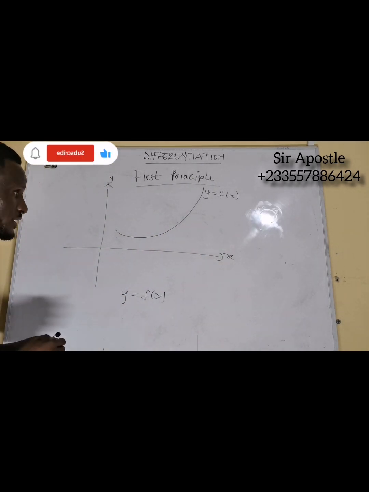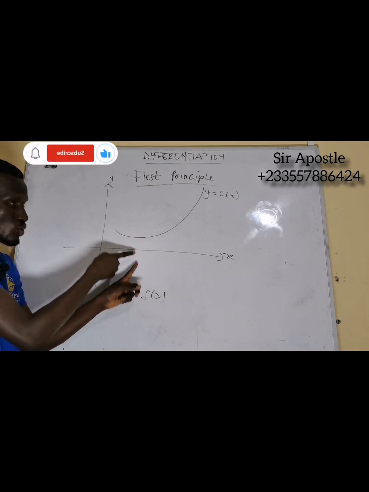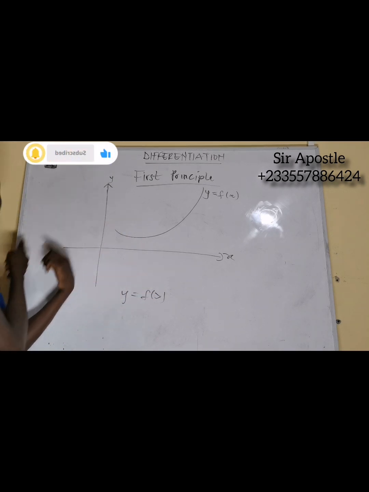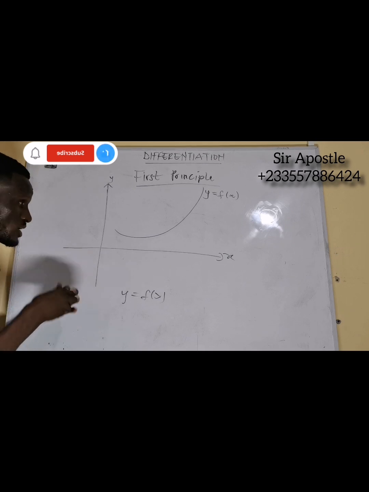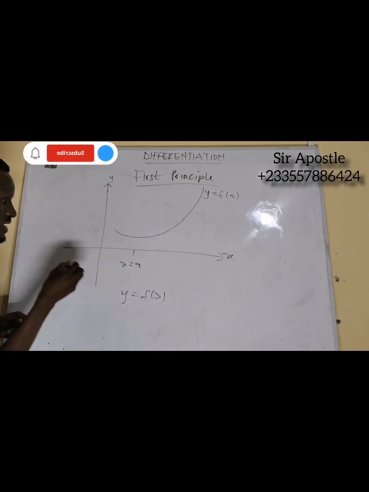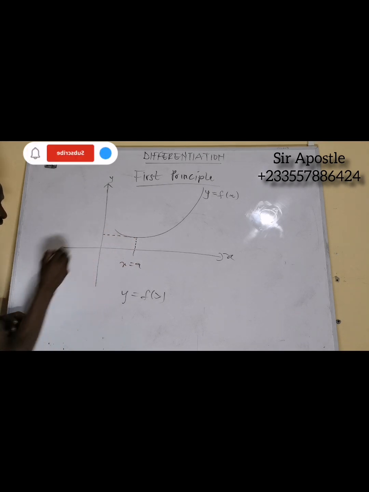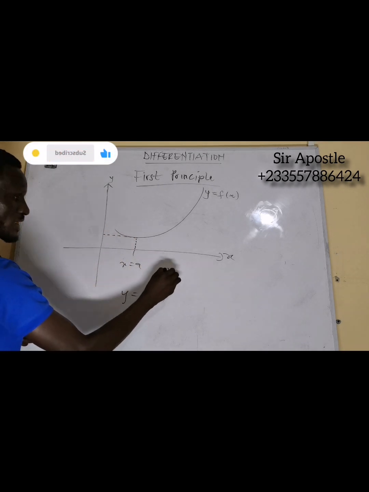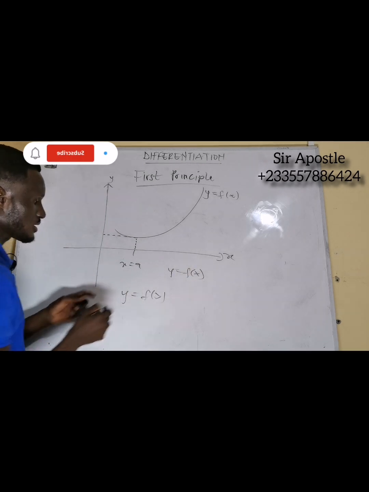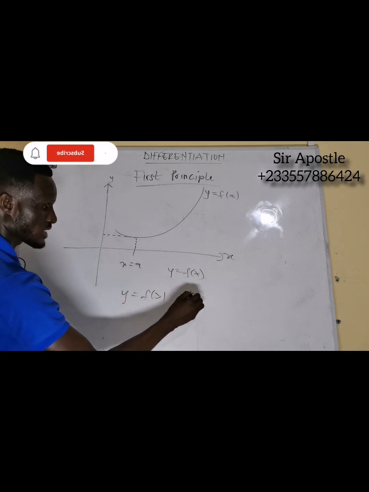Now let's look at something. Before I can locate any point on a curve, I need to get a value of x and its corresponding value of y. You get it? So let's say I locate here x is equal to a, then I'm going to get a corresponding value of y. If y is equal to f of x, and x is equal to a, we are going to get f of a.